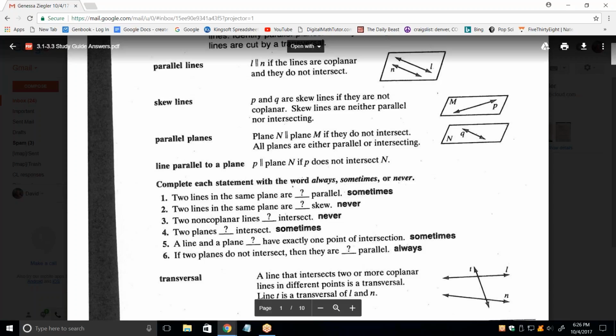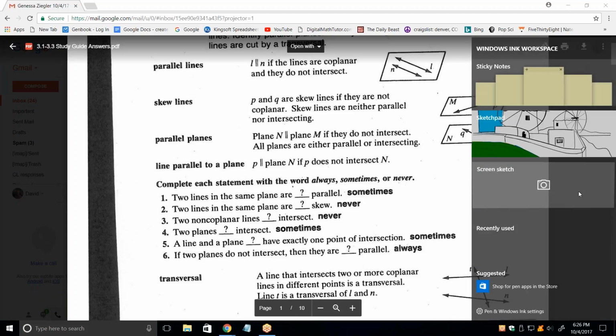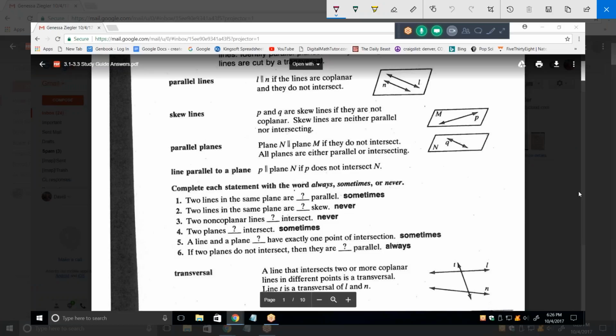In other words, if I had a line maybe coming down off the page and intersecting with my piece of cardboard right there, but this is a straight line, that's my pencil. See what I'm saying?